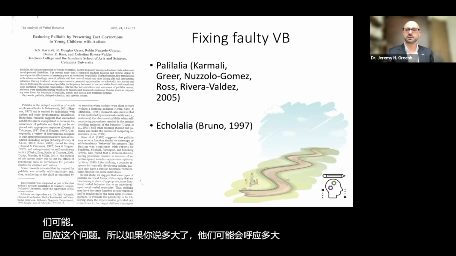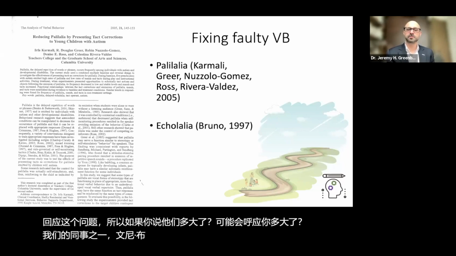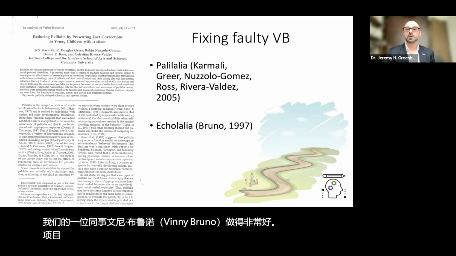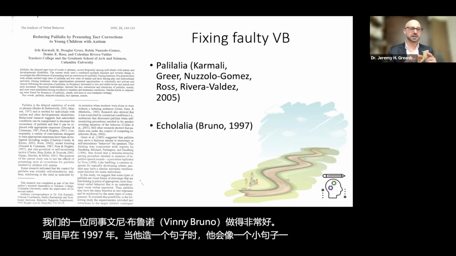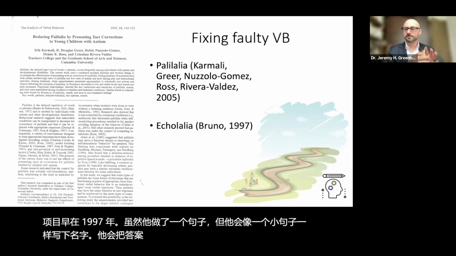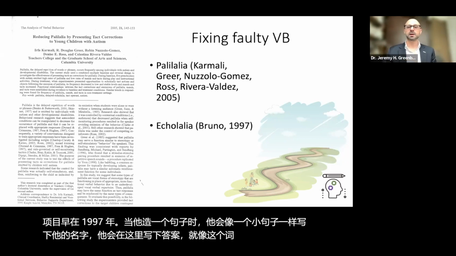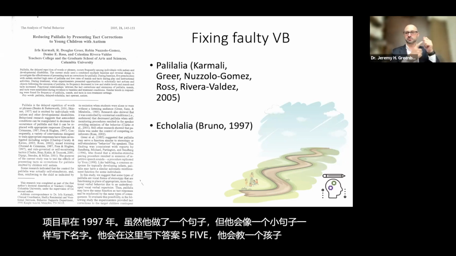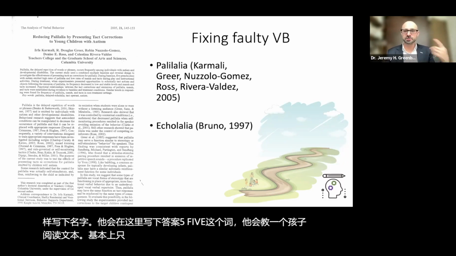One of our colleagues, Vinny Bruno, did a really great little project back in 1997, whereas he made a little sentence strip and wrote the answer on it, like the word five, F-I-V-E. And he would teach the child to read the text, basically, just say, five, okay, good. And do this repeatedly until the child was able to master that.